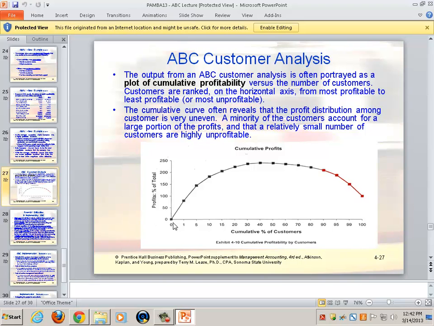this chart on the whole customer base by numbers, customer, start with your most profitable customers.